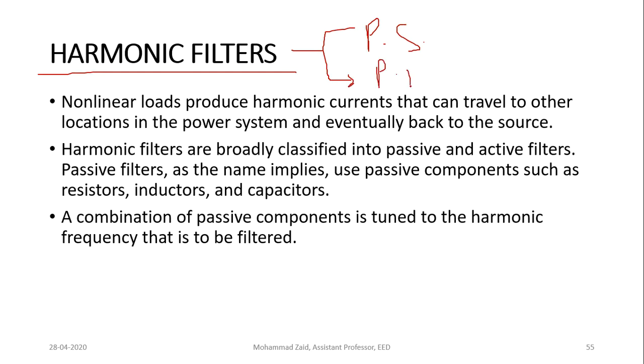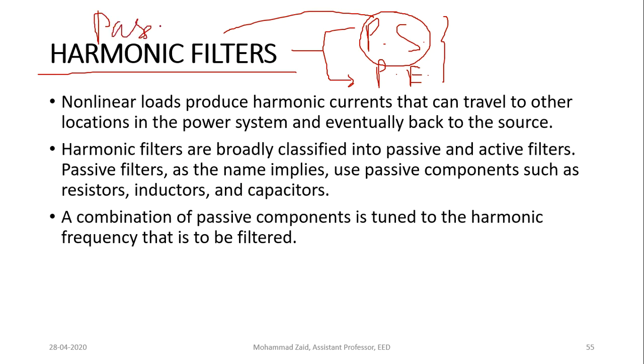Now, the difference between these two is that power system operations, which is transmission and distribution, usually go for harmonic filters which are passive in nature. What do you mean by passive?